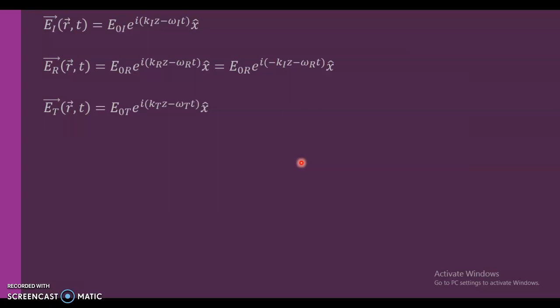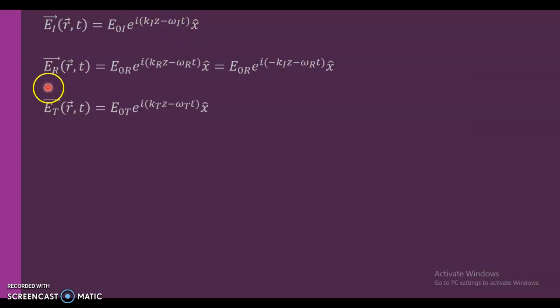In the same way, we can also write the incident wave, reflected wave, and transmitted wave electric fields. Ei(z,t) is equal to E0i e^(i(ki z - omega i t)) x cap, where E0i is the amplitude of the incident wave field, and the subscript i indicates that it relates to the incident wave.